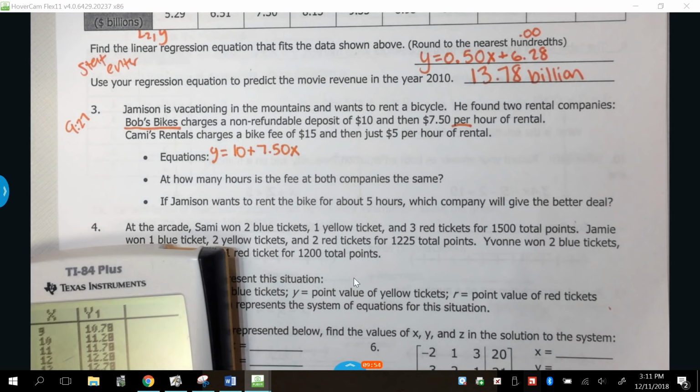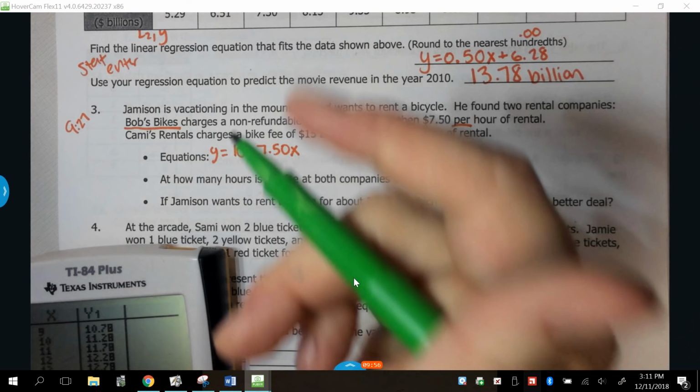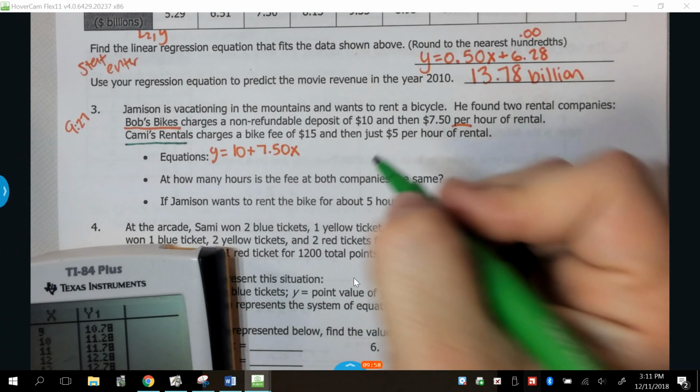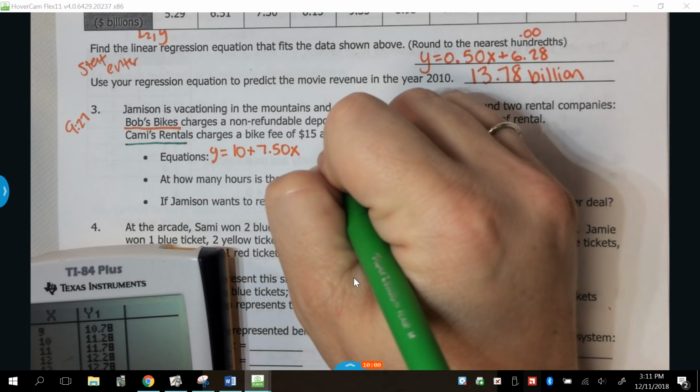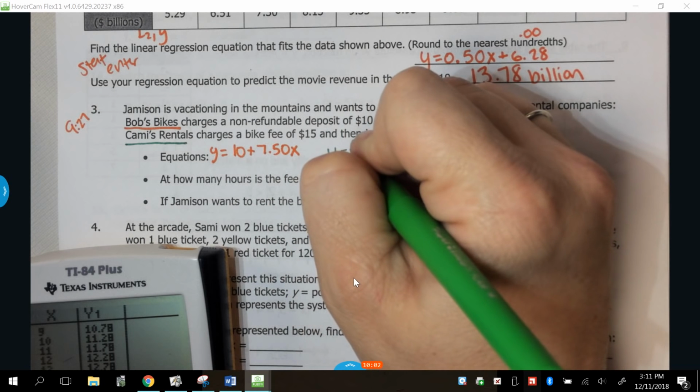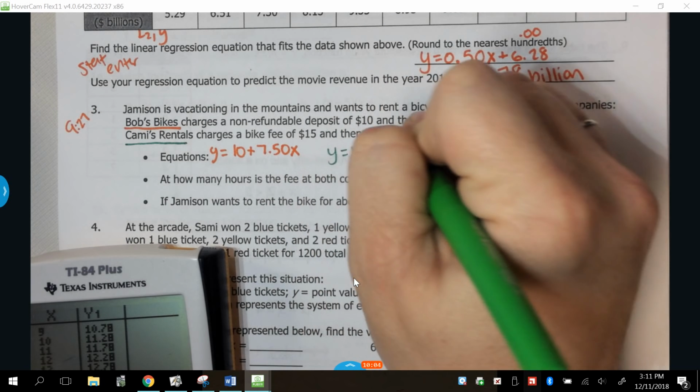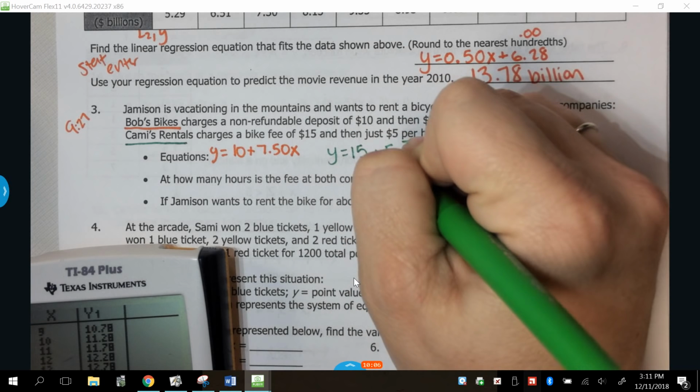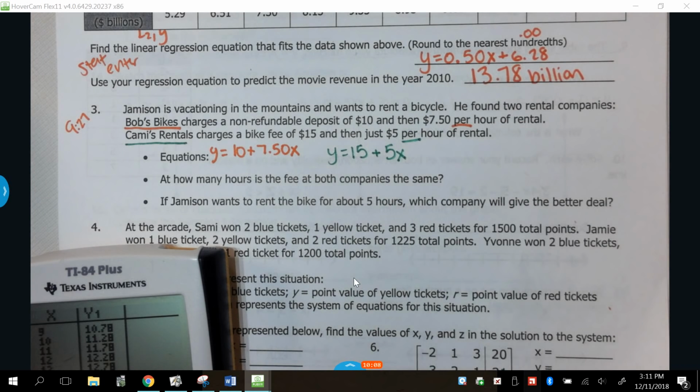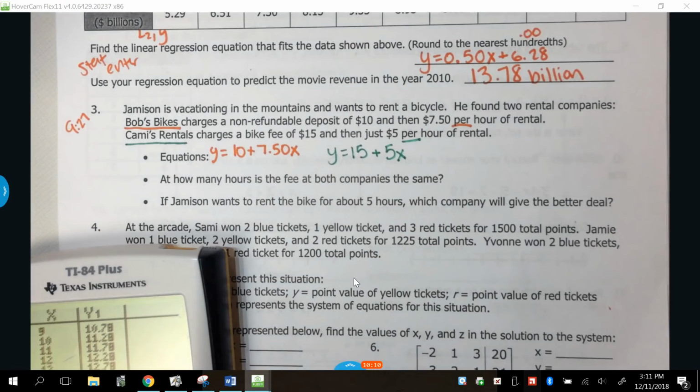So that's telling me that's my slope. Okay, and then we have Cammie's Rentals, which charges a $15 bike fee plus $5 per hour, which tells me that's my slope. Okay, at how many hours will both companies be the same?